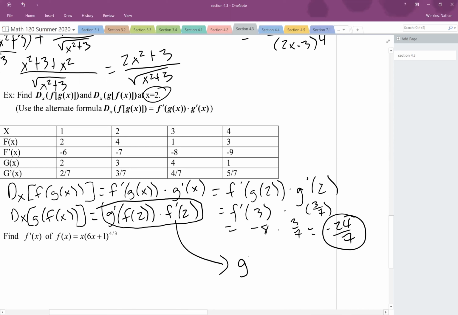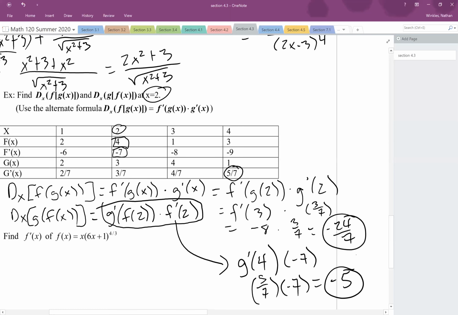So we get g prime at 4, because f of 2 is 4. F prime of 2 is negative 7. G prime at 4 is 5 over 7. So 5 over 7 times negative 7 gives me negative 5 as our answer.